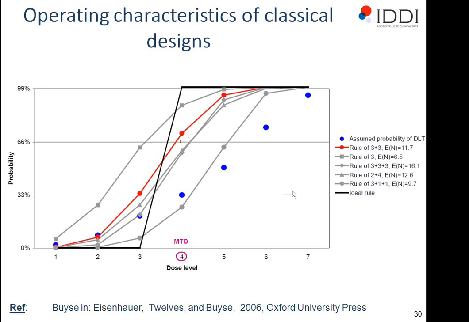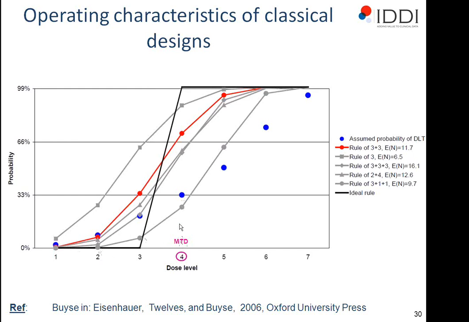If you look, on the other hand, at this 3+1+1 rule, so this curve, you can see that it has about 33% cumulative probability of putting patients at dose 4 or lower, with a relatively low proportion of patients put at doses 1, 2, 3. So you don't really put many patients on subtherapeutic doses.